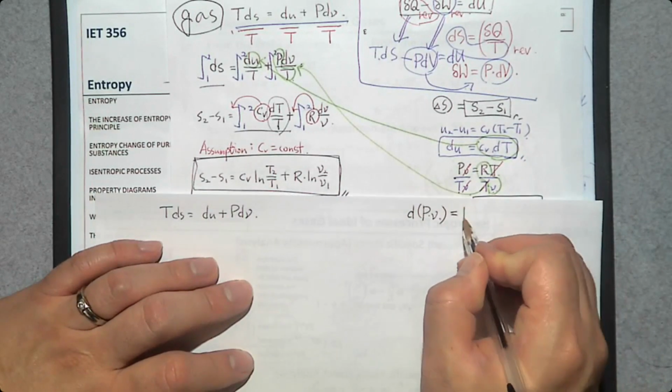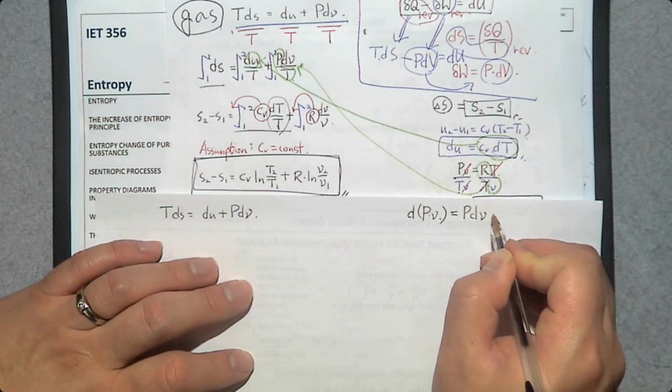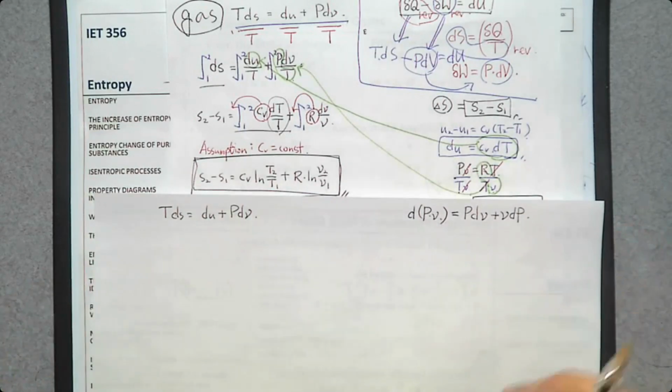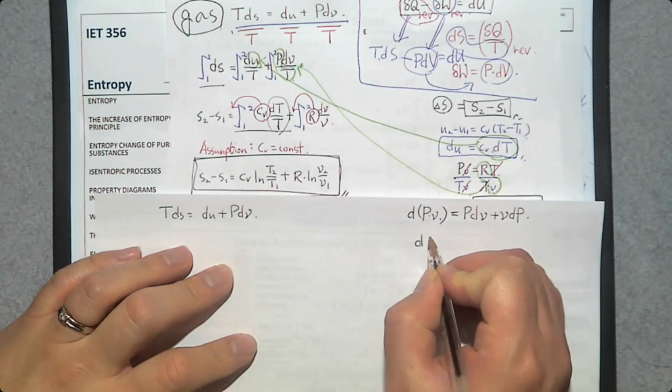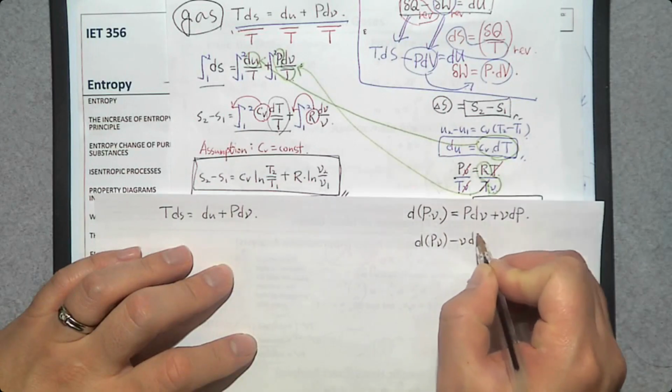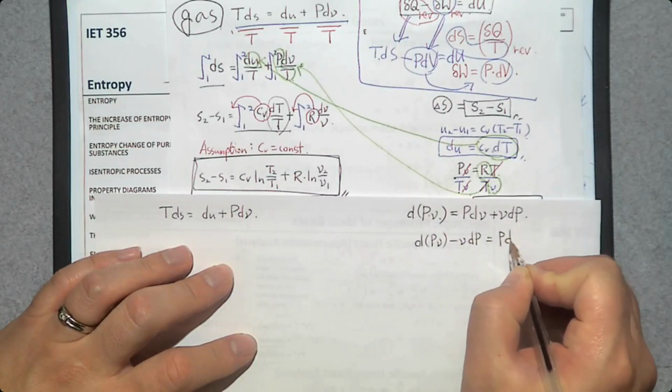It's going to be PdV plus VdP. Then we have a PdV here, then there is a PdV here. So why don't we move this one to the other side? We can do that. d of PV minus VdP is going to be PdV.